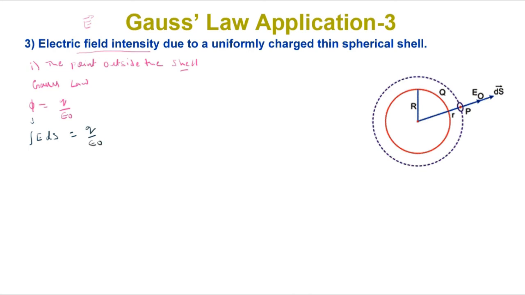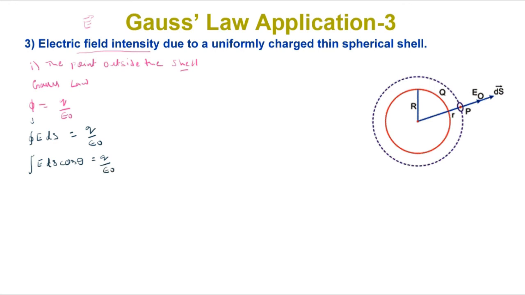This is only the magnitude, we have to add the direction. So we add cos theta: integration of E ds cos theta is equal to Q by epsilon naught.